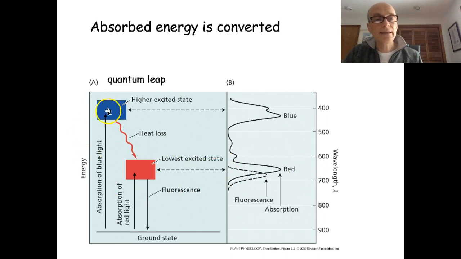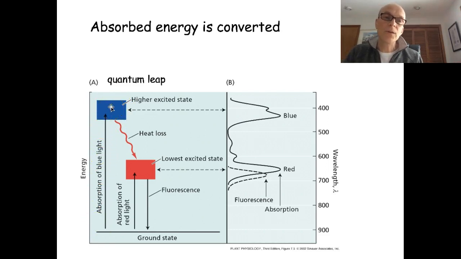Now over on this side here, on the left-hand side, you see energy content on the y-axis, and you see something that's called the ground state or the excited state. So when light strikes chlorophyll, light is absorbed, and the electrons can move to a higher state.